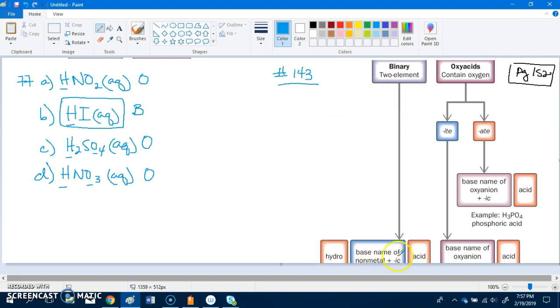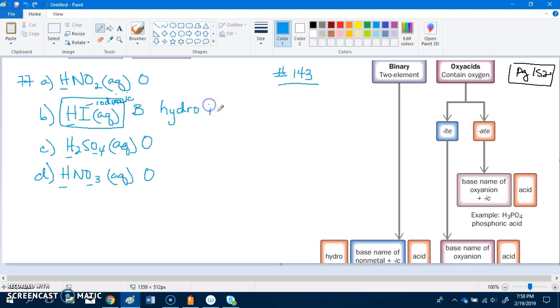Binary acids are the easiest to name, so let's do that. Following the naming convention, binary acids always start with hydro, then the base name of the nonmetal, which in this case is iodine. You drop the ending and add ic.